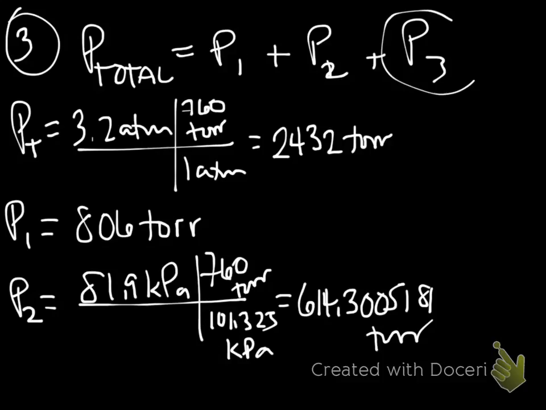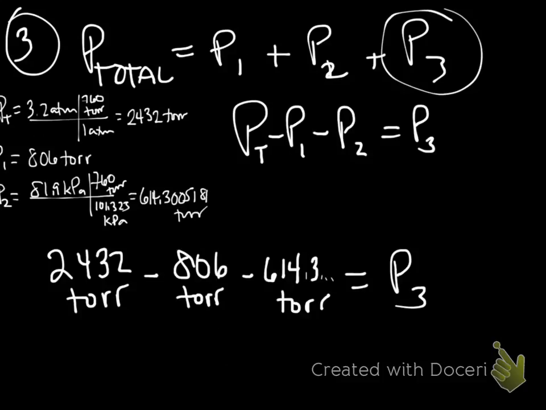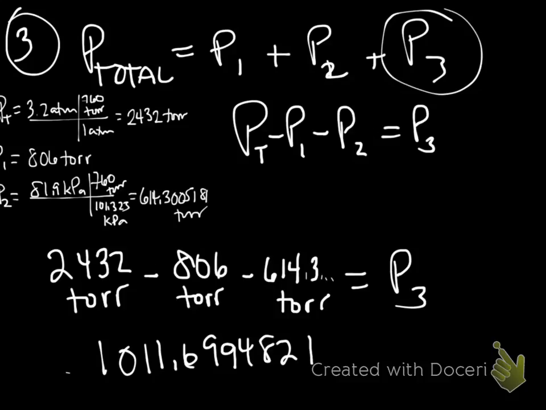Well, now we've got everything together. We can solve. We're looking for the pressure P3, so we can rearrange to solve for that. So we have our rearrangement, we have everything plugged in, and we're going to get a raw number of 1,011.699482 torr for P3.